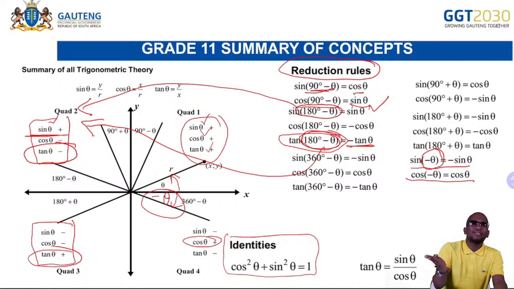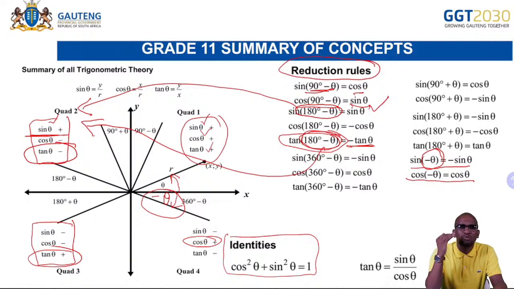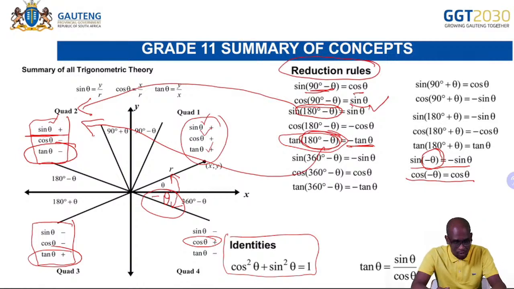It's an angle that is either obtuse or reflex, and you are trying to then say, let this angle be acute. So that is the aim of reduction, to reduce angles from being greater than 90 to being less than 90, or to make them acute. So we have to reduce them, and hence the reduction formula.